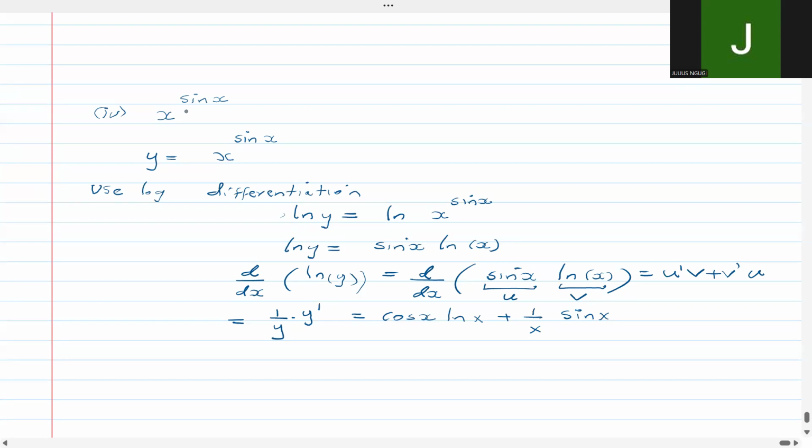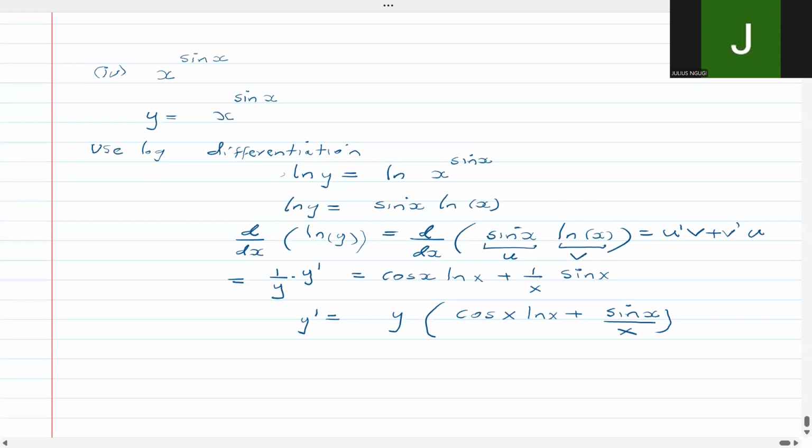Then you attach sine x. After that, because you want y prime or dy/dx, y prime will be equal to, you multiply by y across, so you have y times (cosine of x ln of x plus 1 times sine of x divided by x).